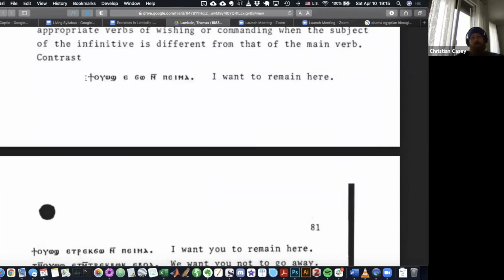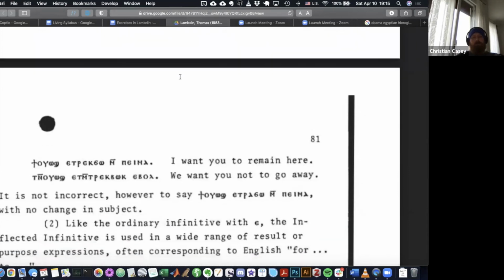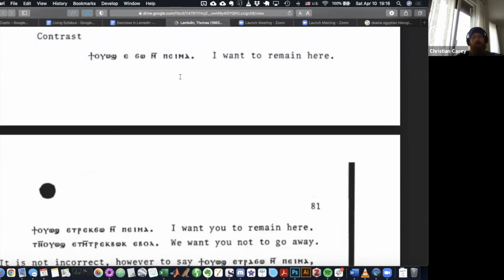Then we'll look at some examples of how you would use this. Here's a sentence without a causative infinitive that you can read based on everything we've seen so far: diwosh echo impema. So, I want to stay in this place. And with a causative, you could have tiwosh etrekcho impema. So, literally, I want to cause that you stay in this place, but I want you to stay in this place.